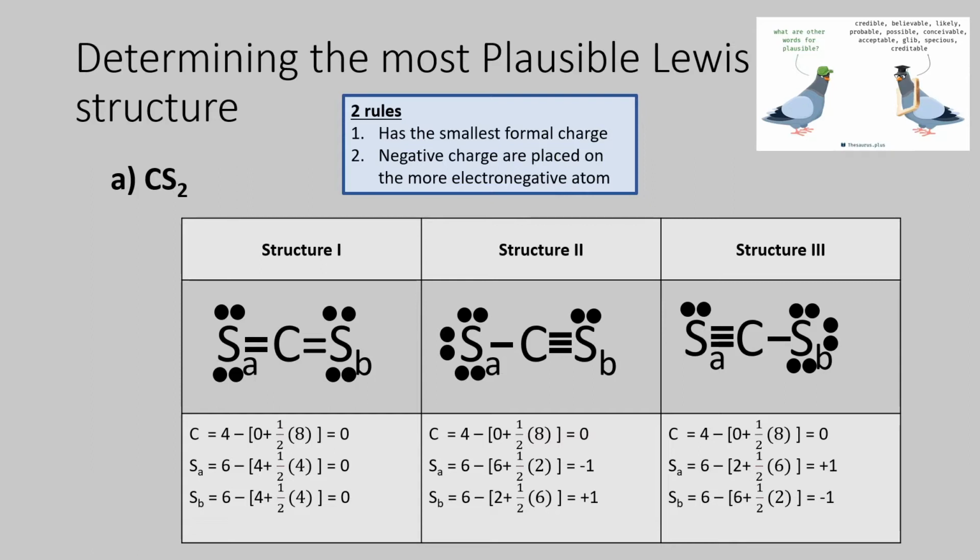Tapi, bila dia tanya the most plausible, kalau soalan dia tanya draw a Lewis structure, you draw any of these three, you dapat full mark. Tapi kalau dia tanya the most plausible Lewis structure, which is the most probable, the most believable, you kena buat formal charge.